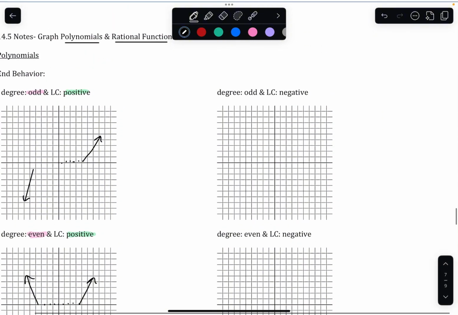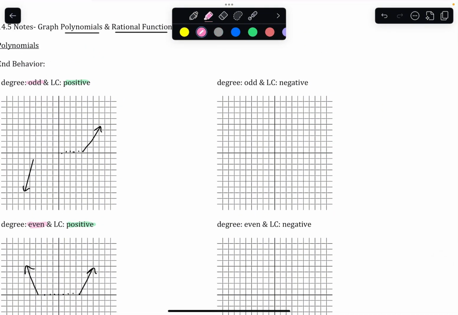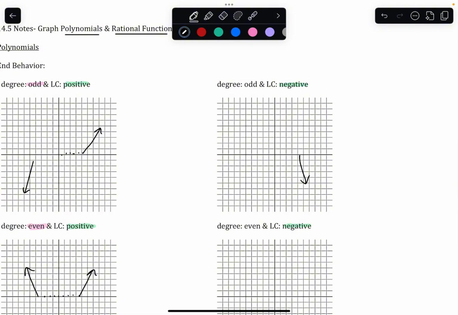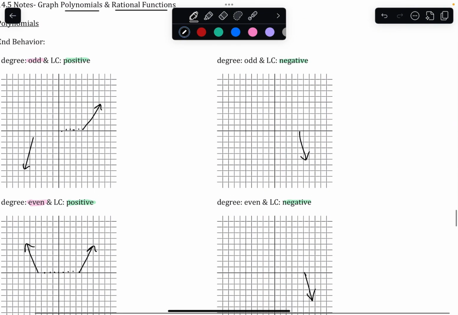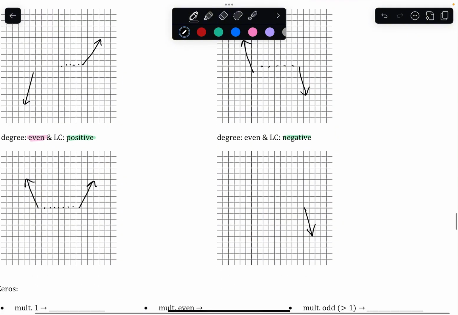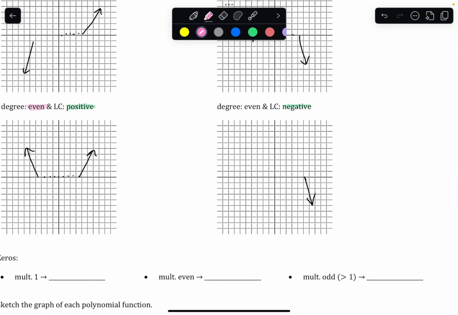Looking at the case where the leading coefficient is negative, in that case, your right side is down. Then if the degree is odd, the left side will not match. And if the degree is even, the left side will match.